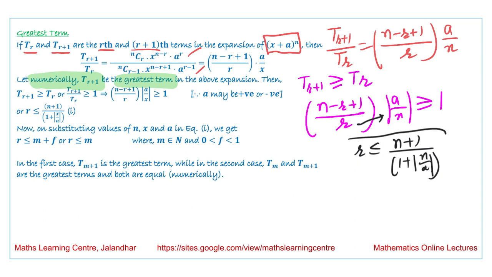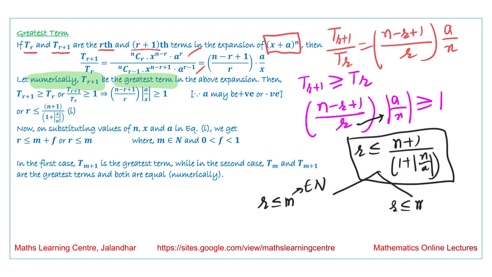So based upon this result, we can have two cases. Either we will obtain r is less than or equal to m, where m is a natural number, or we will obtain that r is less than or equal to m plus f, where m is a natural number and f belongs to the interval 0 to 1, a fractional part.